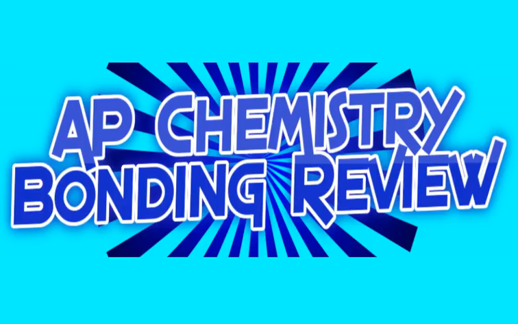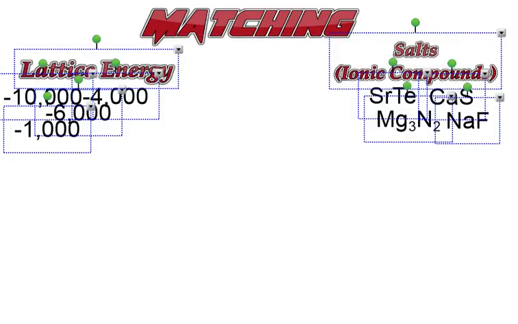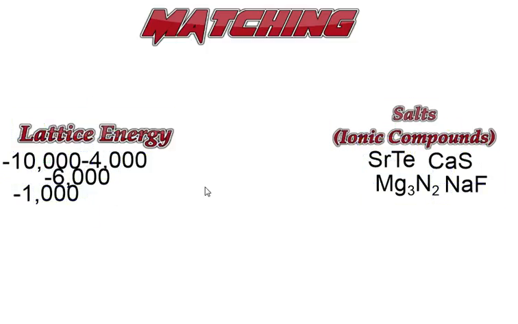So we're going to start right off the bat and talk about lattice energies. You may not want to actually write the 2 numbers, but I do have 2 categories. What this all comes down to is Coulomb's law.